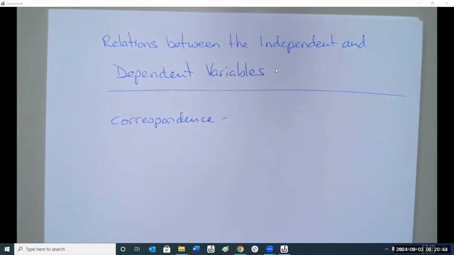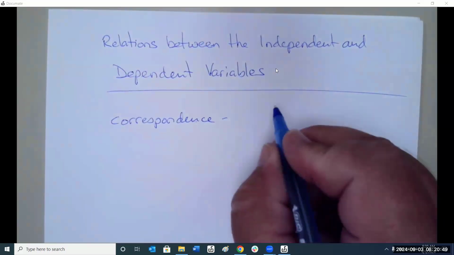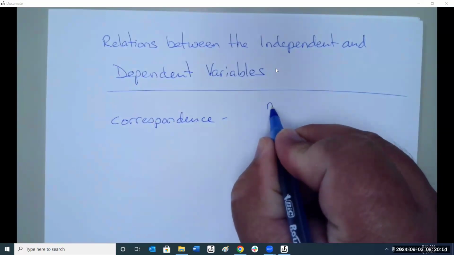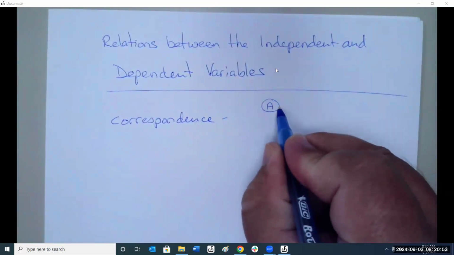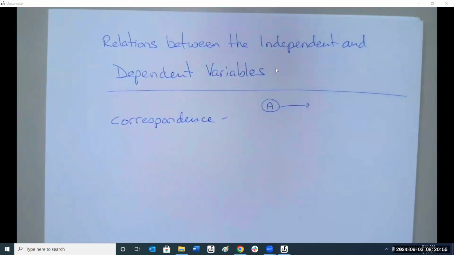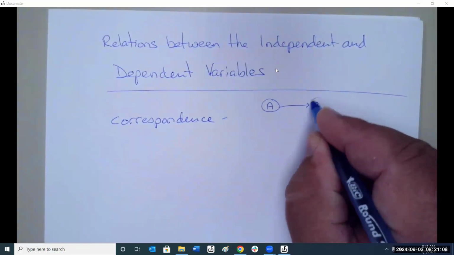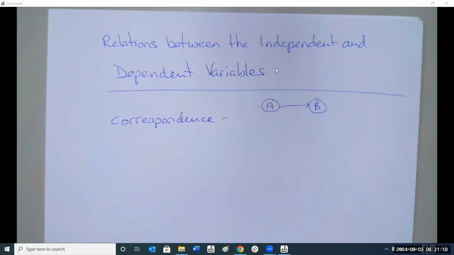A correspondence. Now, remember, think of this as letters. Person A sends a correspondence. Can that person send the same letter to more than one person? Now, they can send a copy of it, but you can only receive one letter from one person. That's a correspondence.